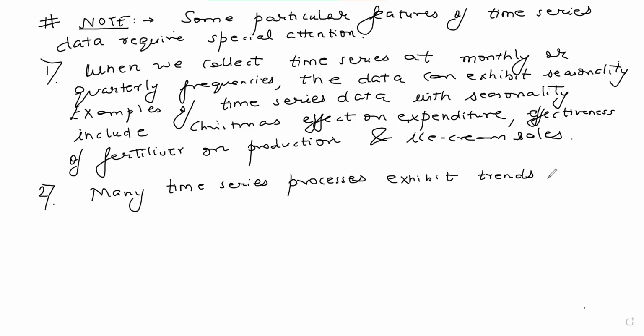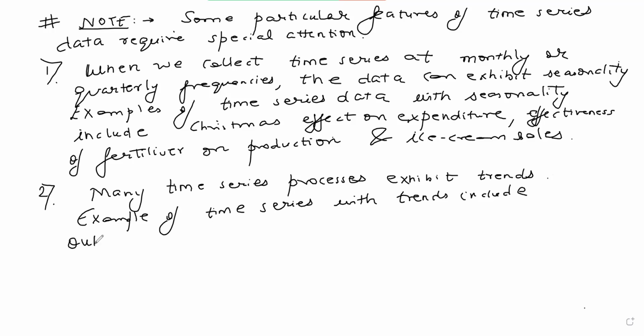What is the trend going for? Examples of time series with trends include output per labor hour and nominal import.